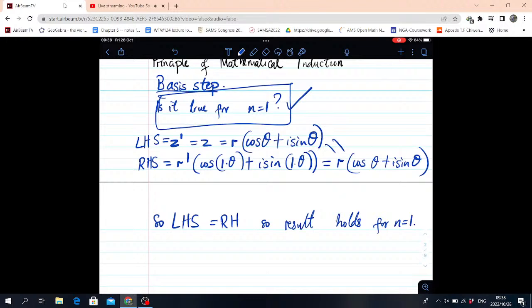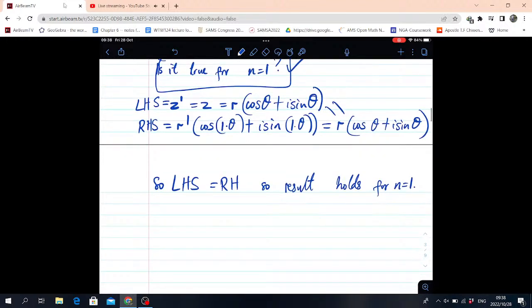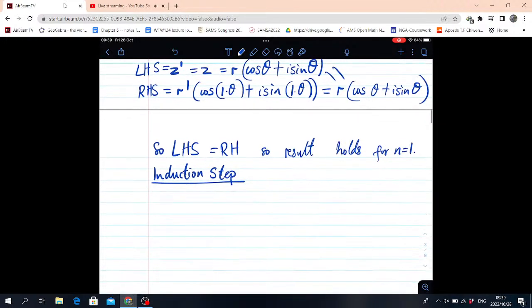Now we go on to the induction step, or the inductive step, right? So we start off with the assumption. So the inductive assumption. We first assume that the result is true for n equal to k.